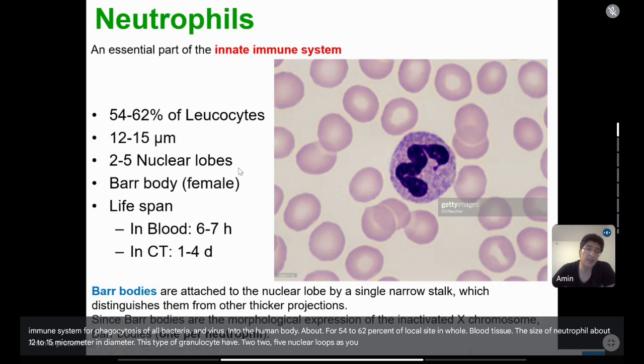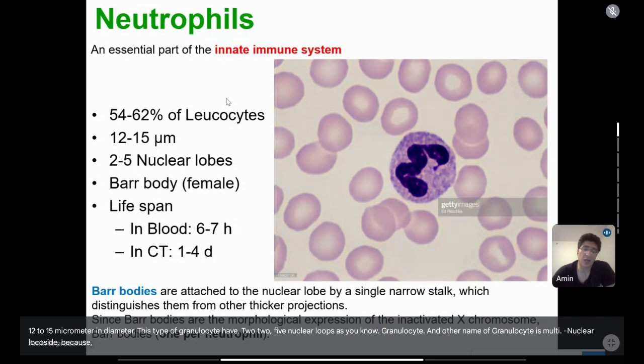As you know, another name of granulocyte is multi-nuclear leukocyte, because this type of leukocyte has more than one nuclear lobe. Neutrophil has 2 to 5 nuclear lobes.